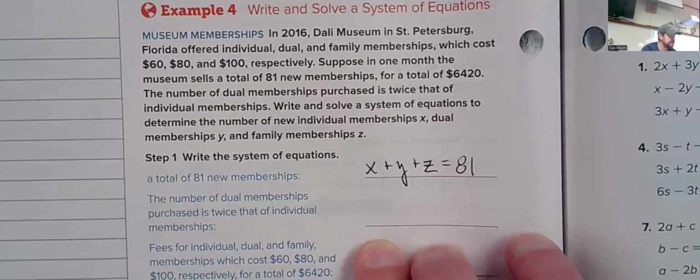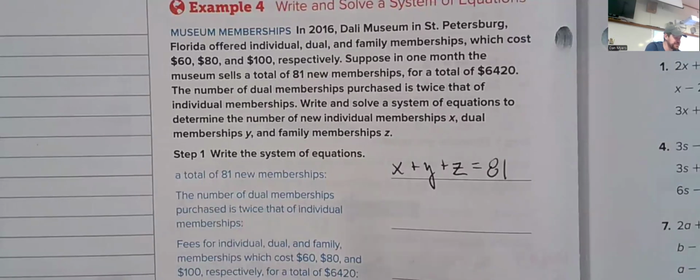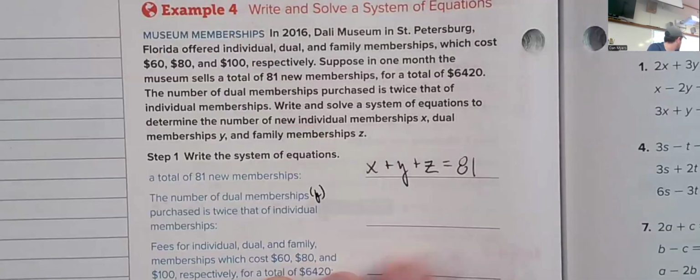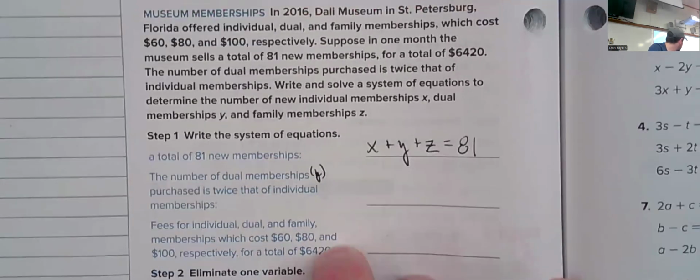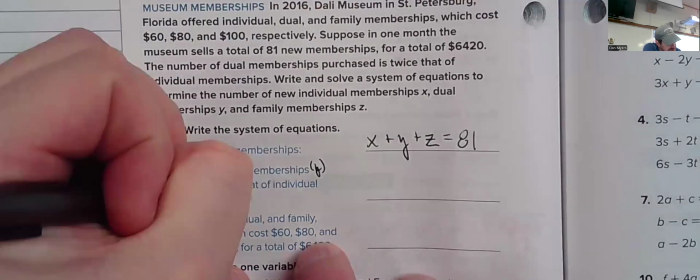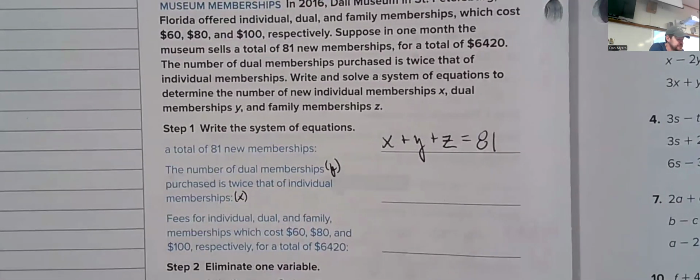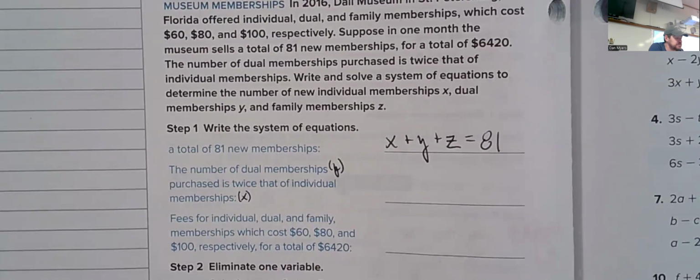All right. The number of dual memberships, which is Y, purchased is twice that of individual memberships, which is X. What would that look like?